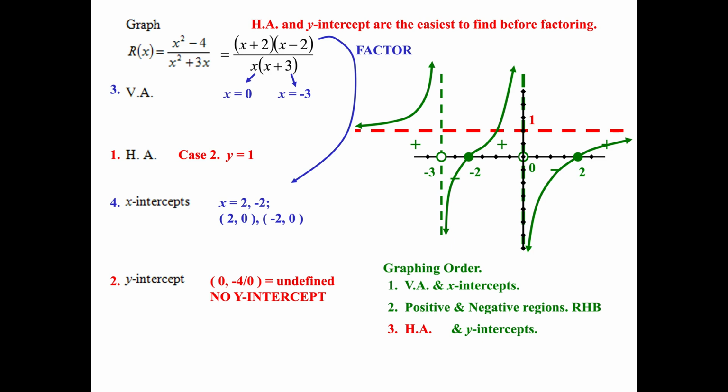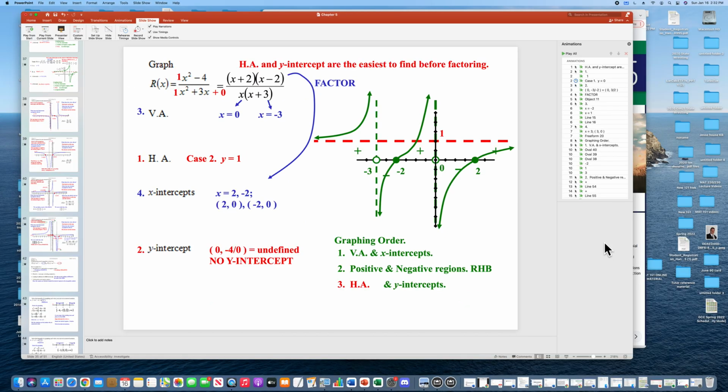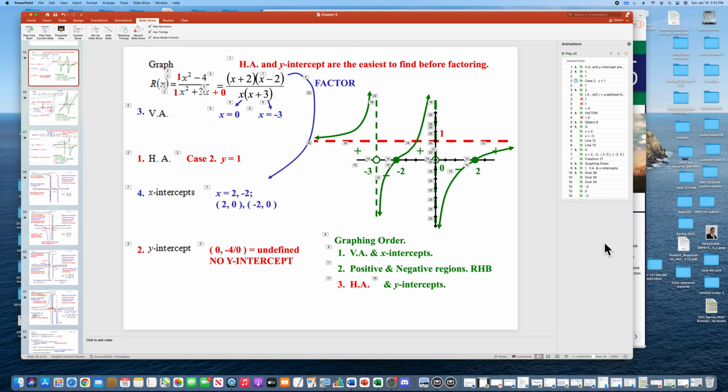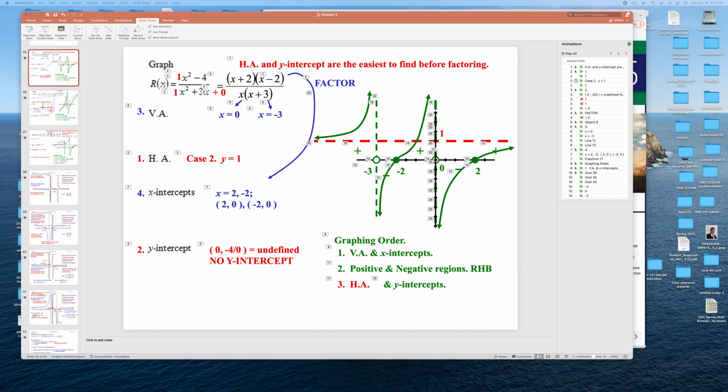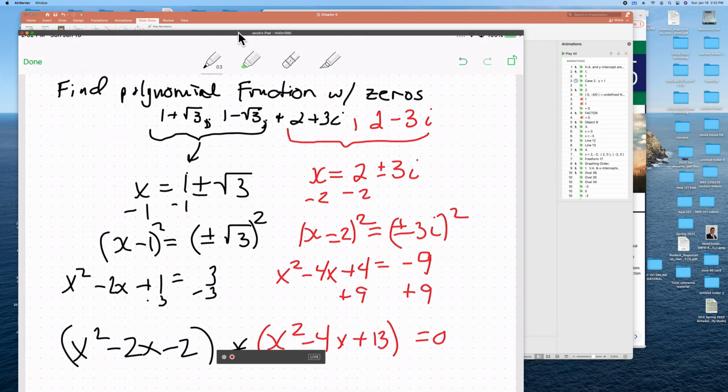Now, in my math lab, every once in a while, I have noticed that in some of the problems, they're going to ask you, where does the graph cross the horizontal asymptote?